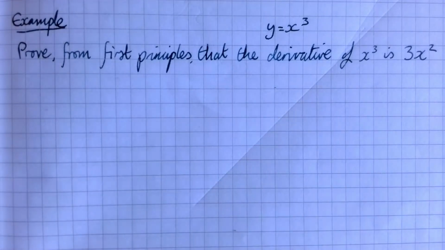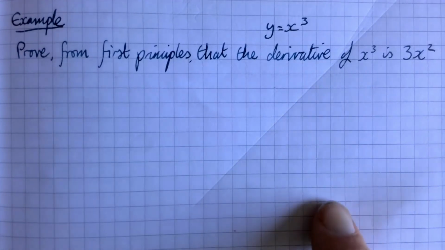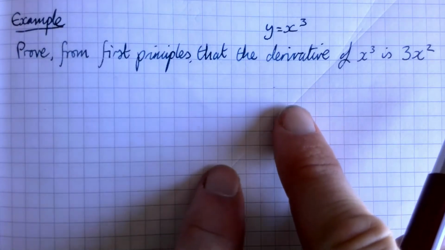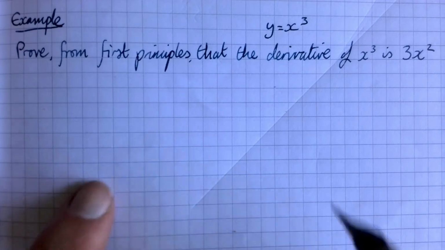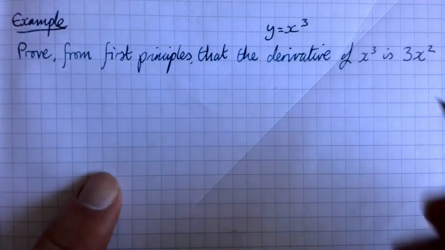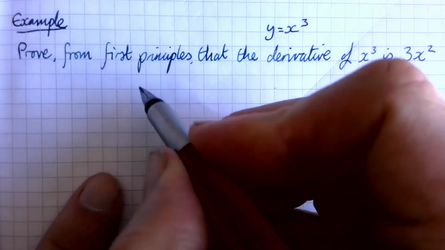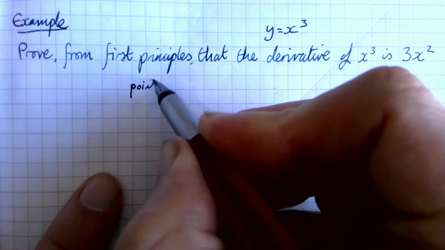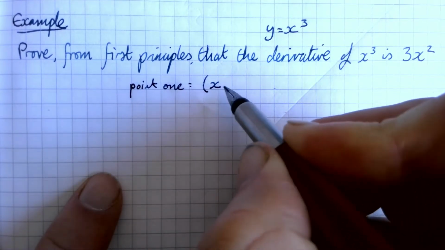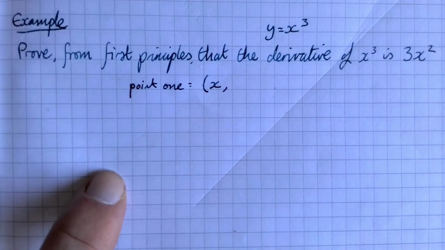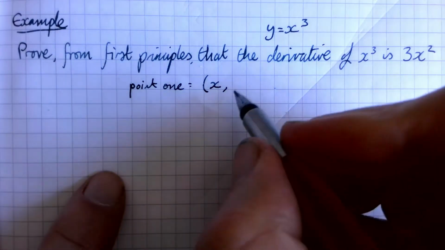So thinking back to what we did yesterday when we found the gradient of a line and we moved it all down until we had a distance of 0 going on, we're going to go for a couple of points on the curve x cubed. The first point is just going to be x for my x coordinate. Now if my x coordinate is x, what would y be? It would be x cubed.